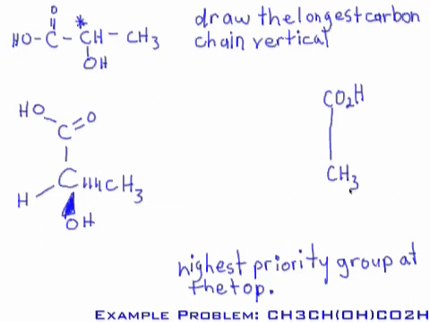Now, you will be allowed to bring into your quiz a single chirocarbon with 4 different colored bonds on it. And the reason you'll be allowed to do this is to help you determine the orientation in which to draw your Fischers. You see, this CO2H and CH3 is going away from you. It's a specific orientation, and because of that, this locks the H and OH into a certain position.